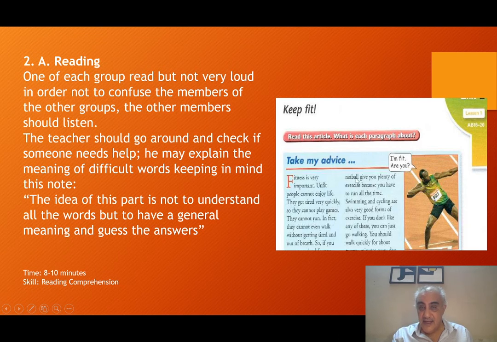All right, this is the idea, and this is the main text in the unit, to keep fit. Now, this is supposed to take 8 to 10 minutes. As I said, this is approximate, so I'm not asking you to be very sharp with time, but maximum 10 minutes.